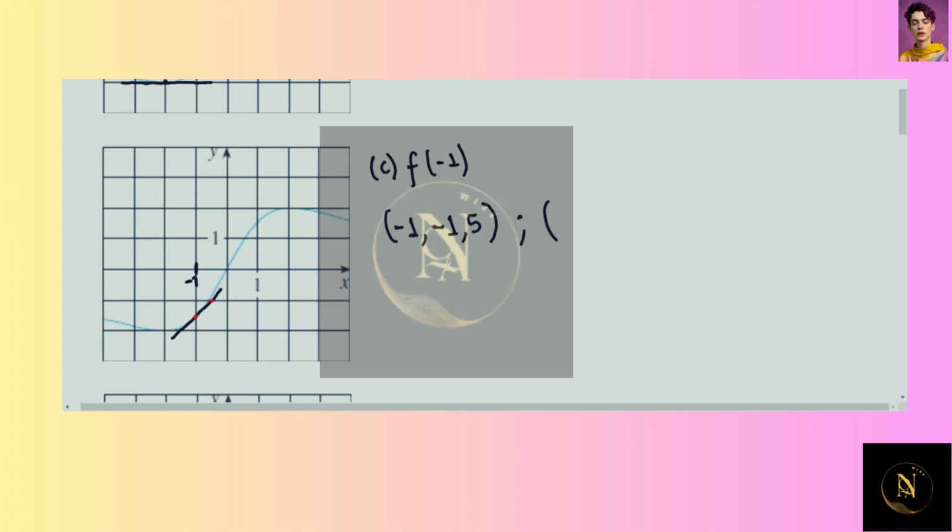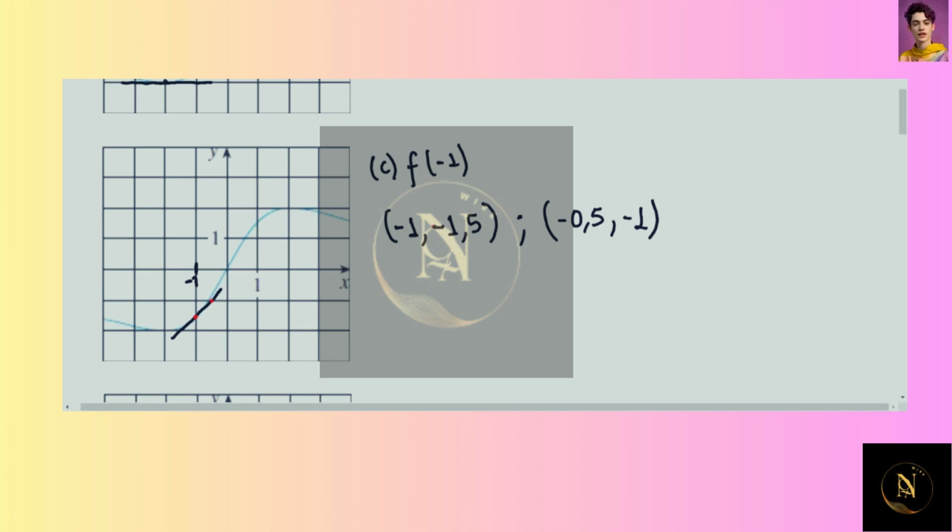We're going to mark it here, and the x component should be 0.5, and the y component is just -1.